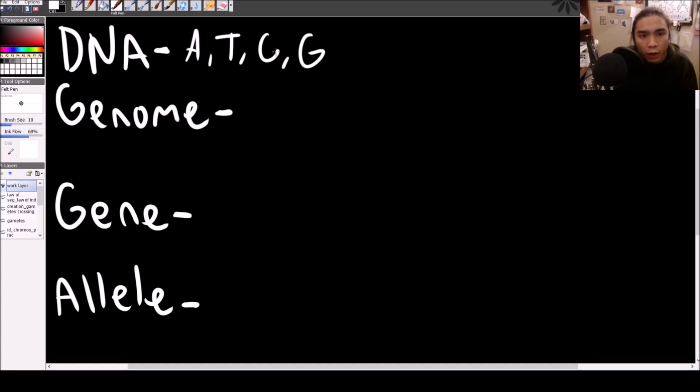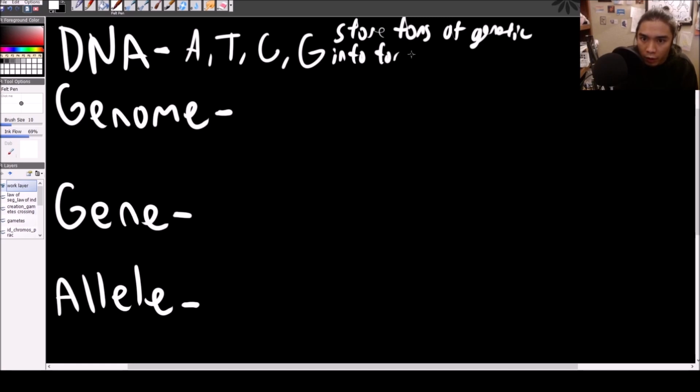So these 4, when linked up in very long stretches, are able to produce a ton of different combinations. So DNA is able to store tons of genetic info for organisms to read.